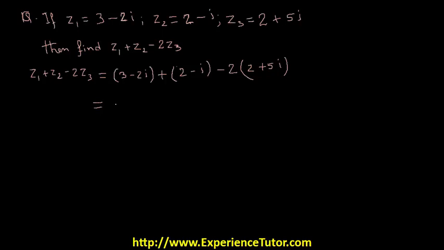which is equal to 3 minus 2i plus 2 minus i minus 4 plus 10i.